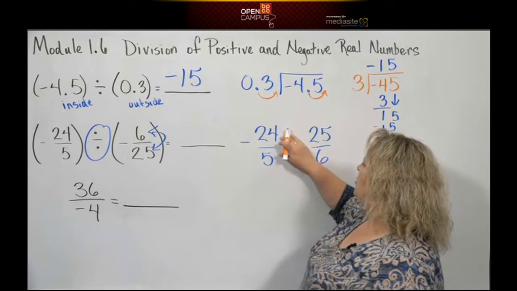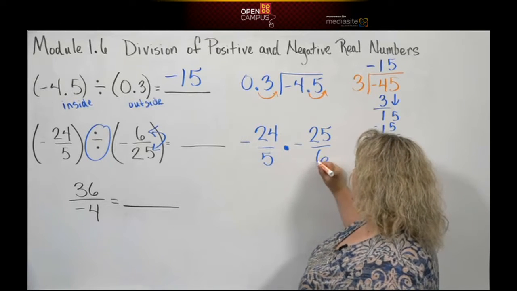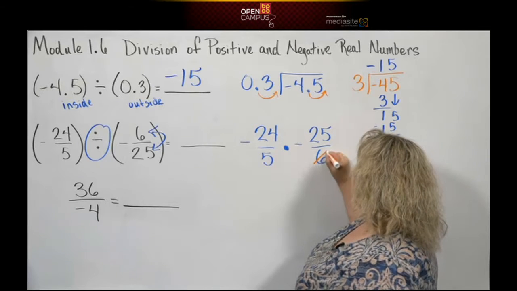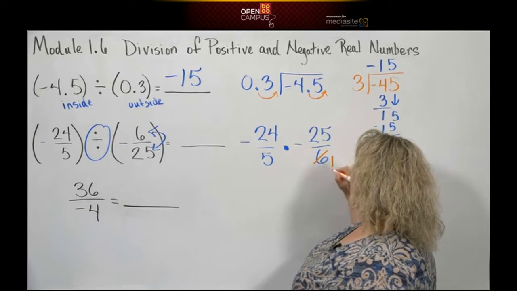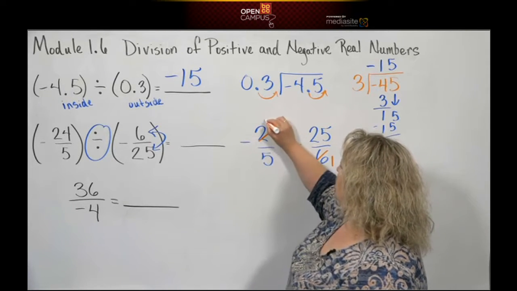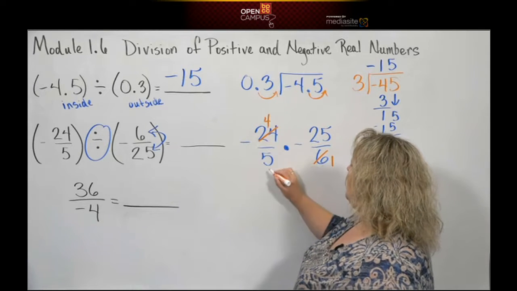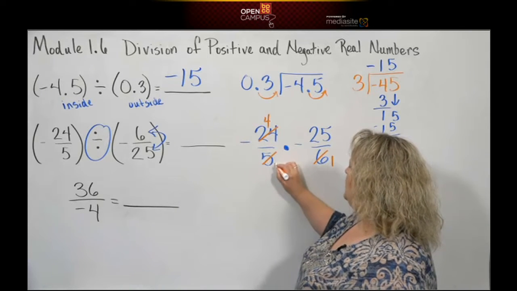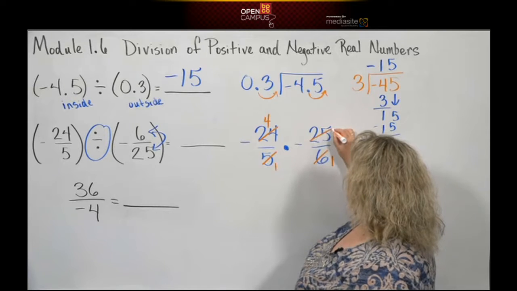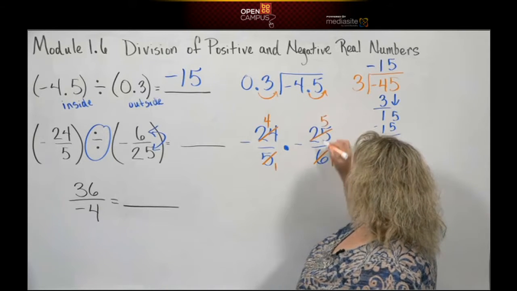So 6 and 24 can be divided by the same number, which would be 6. So 6 divides into 6 one time. 6 divides into 24 4 times. 5 divides into 5 one time. 5 divides into 25 5 times.